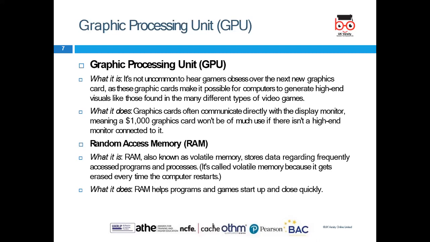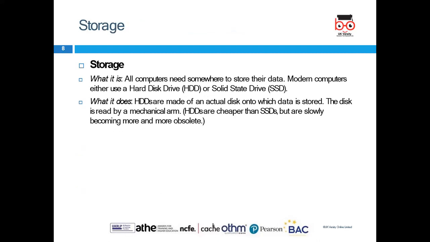The difference with ROM is that it is memory that stays there. Every data, like your pictures, photos, and videos, will be stored in it. There are two types of ROM. We have HDD, hard disk drive, or we have SSD, which is a solid state drive.